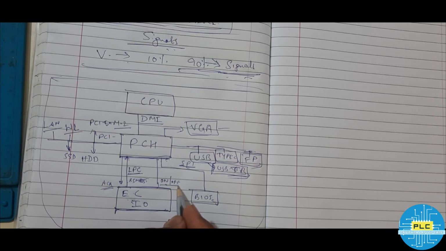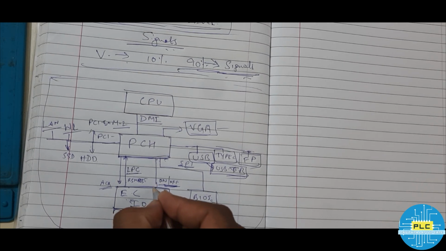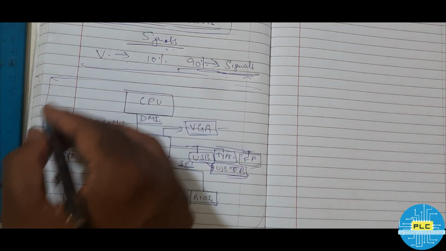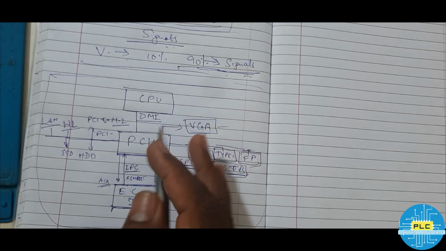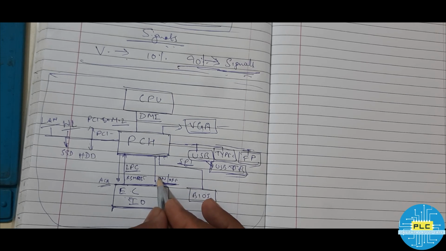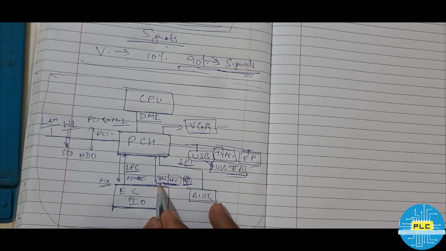Through this signal only, this IO will activate and the whole system will start functioning. I'll repeat. This on and off is not a voltage one. Everyone considers it a voltage. No, absolutely wrong. It's a signal.